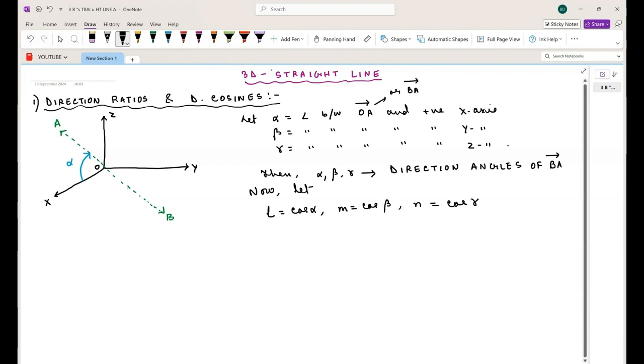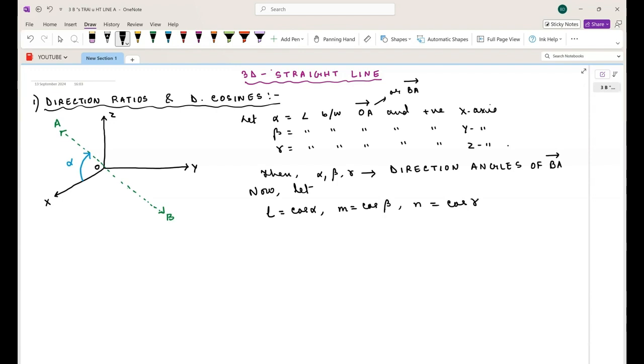So remember, what we are doing now is somewhat similar to the concept of slope in 2D geometry, where you have seen that the angle of inclination, since there are only two axes, was theta between the line and positive direction of x-axis. And obviously the other one will be 180 minus theta.